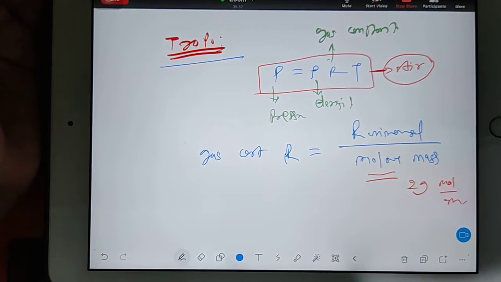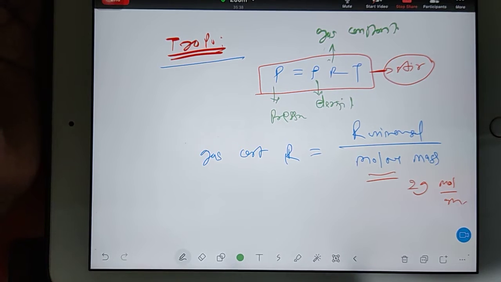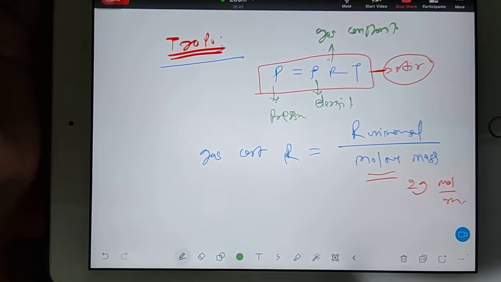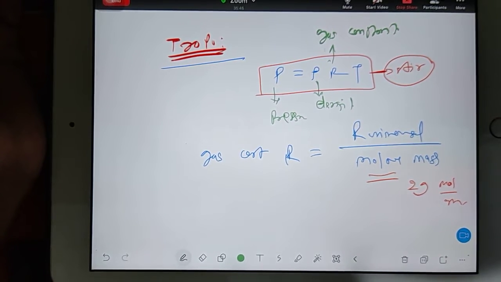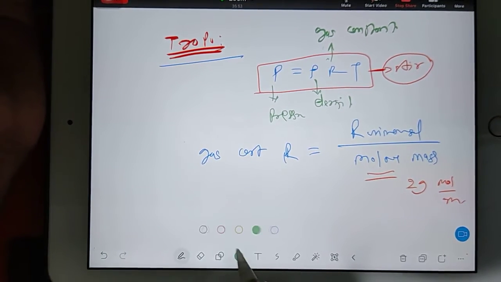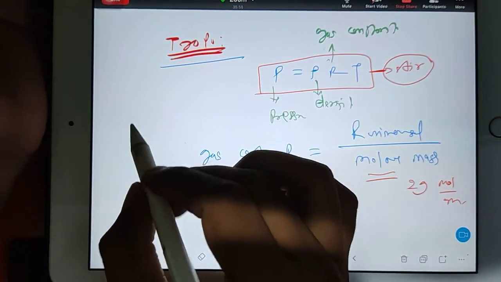Okay, so see now, there are two ways to understand anything. One is the physical feel, like how you understand physically. Suppose anyone does not know the mathematics, density variation you can understand physically.